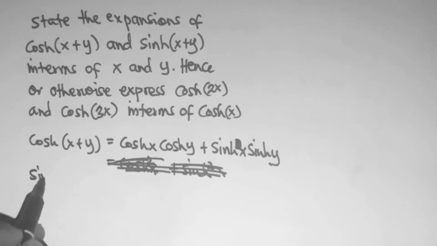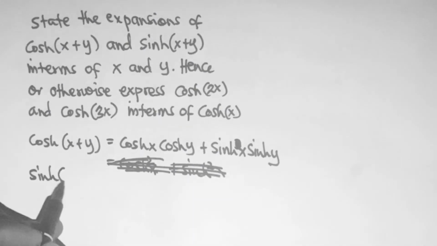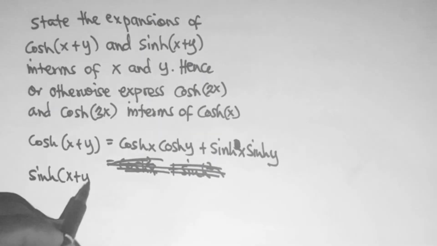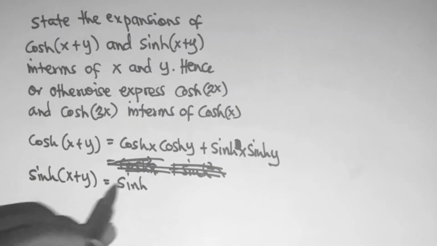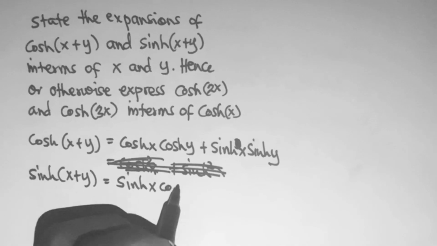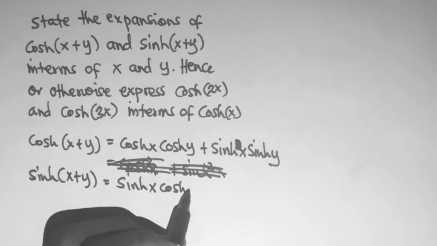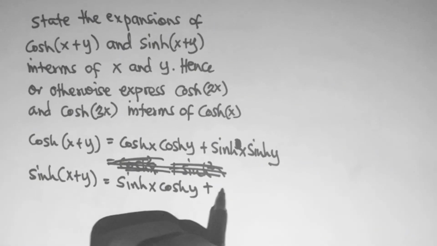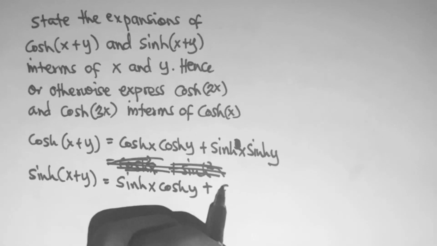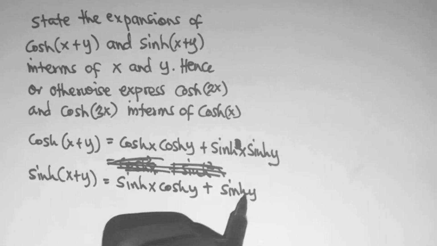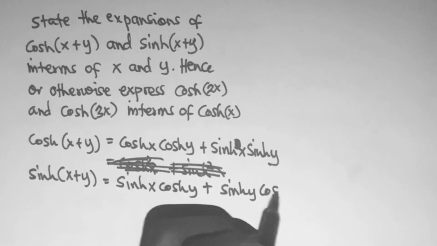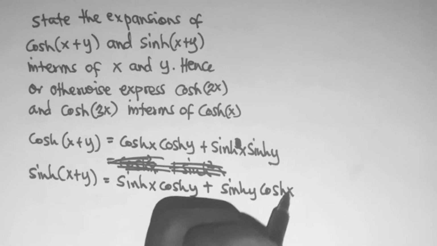Then hyperbolic sine of x plus y is equal to hyperbolic sine x hyperbolic cos y, then plus hyperbolic sine y hyperbolic cos x.